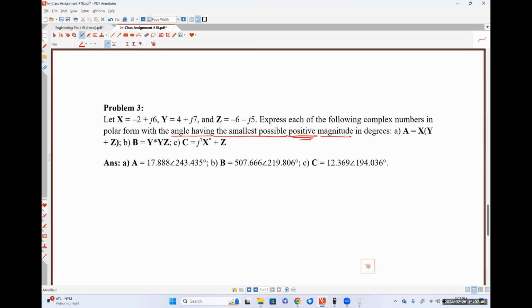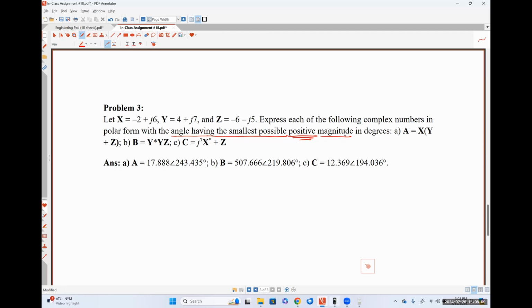So the calculator is always going to give us a result whose angle is between -180 degrees and +180 degrees.